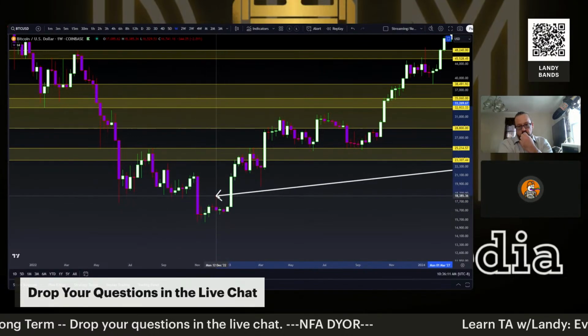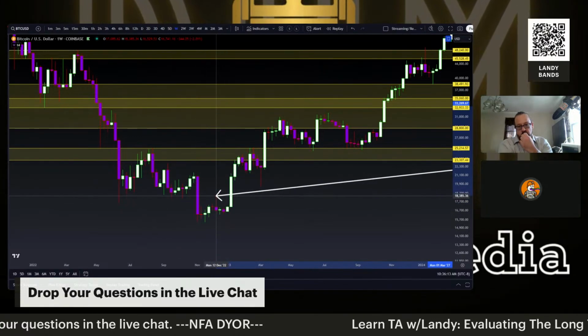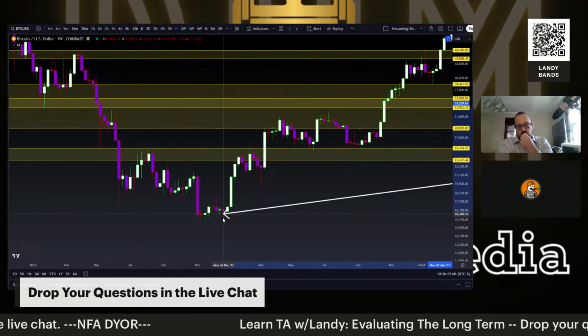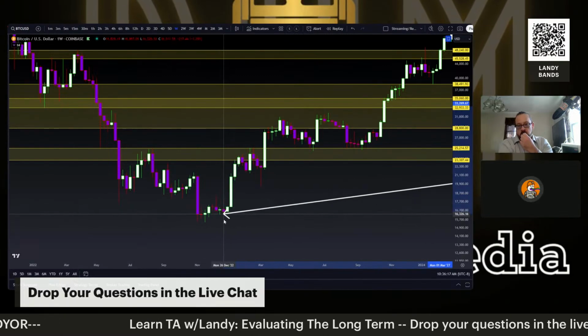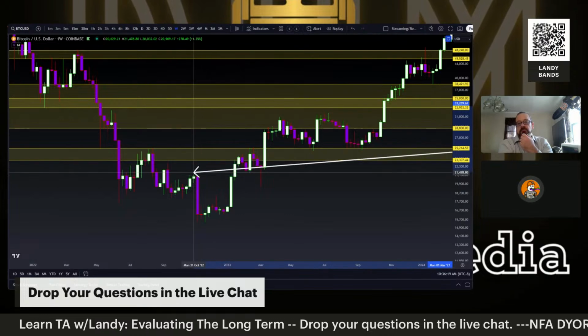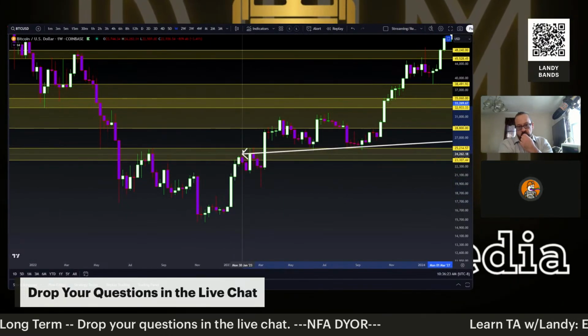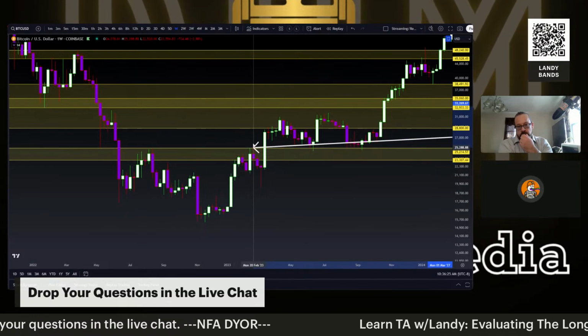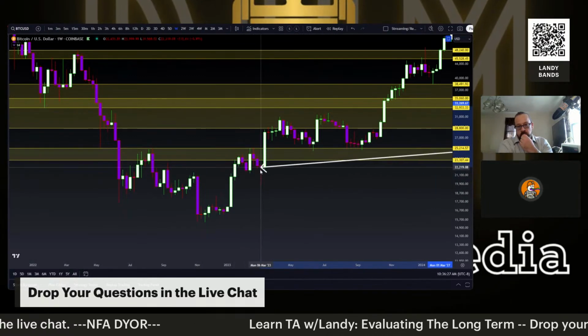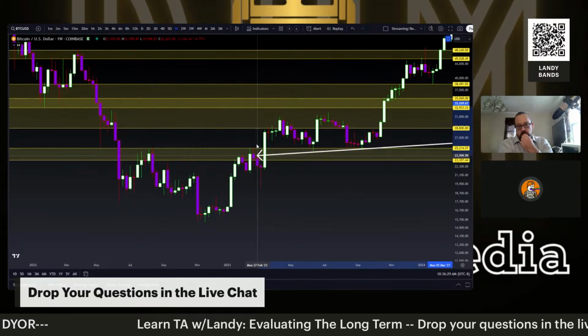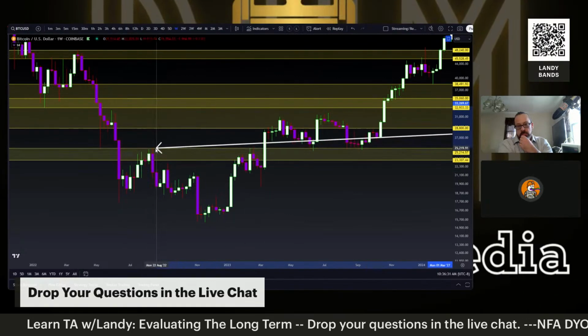So Bitcoin had to get through that level. It tested it, put in a higher low on the weekly right here on a close and a swing. And then we had to see this lower high get taken out. Now we've got a trend shift: higher low, higher high, a little bit of a lower low swing, but a nice higher low close right into this level over here, right?